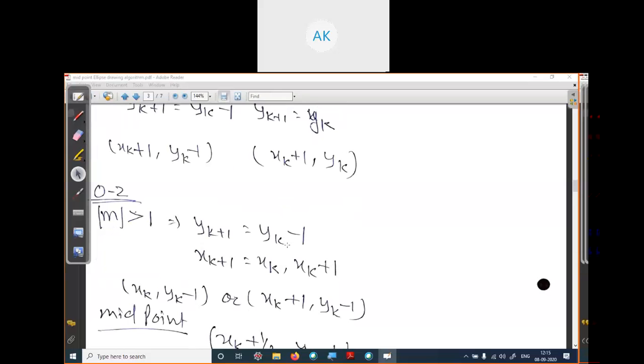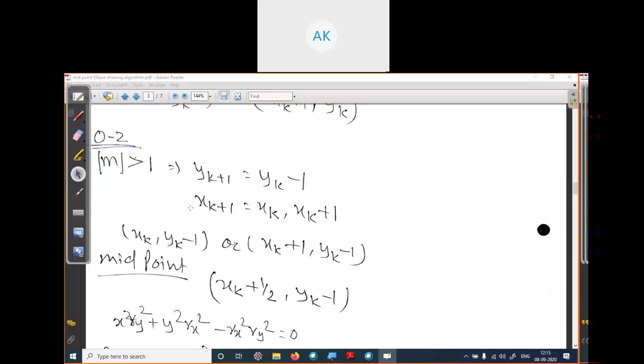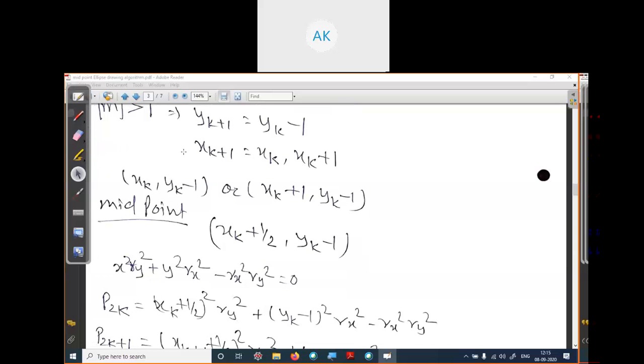Into region 2, where your slope m is greater than 1, we are moving along the y-axis with unit intervals. yk plus 1 is yk minus 1, and we calculate the corresponding value of x. The next x will be xk or xk plus 1. So what is the midpoint of these two possible points?